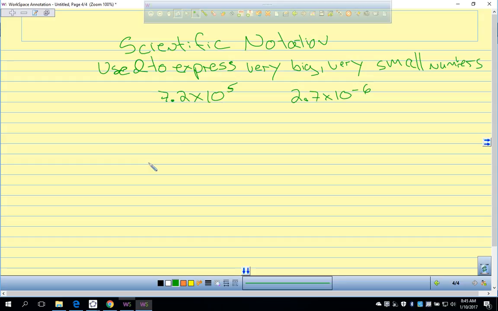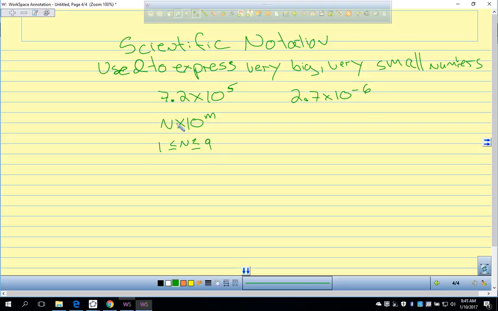Can anyone tell me how I could rewrite 7.2 times 10 to the 5th? Well, it's of the form n times 10 to the m, where n is a number between 1 and 9, right?